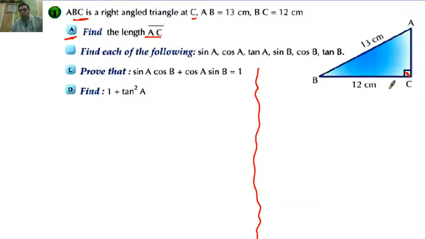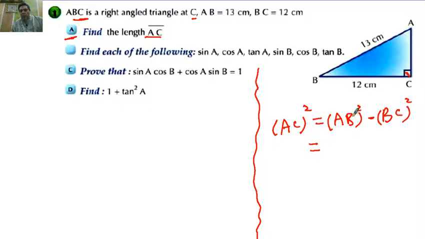By the Pythagorean theorem, AC squared equals AB squared minus BC squared, which equals 169 minus 144 equals 25.